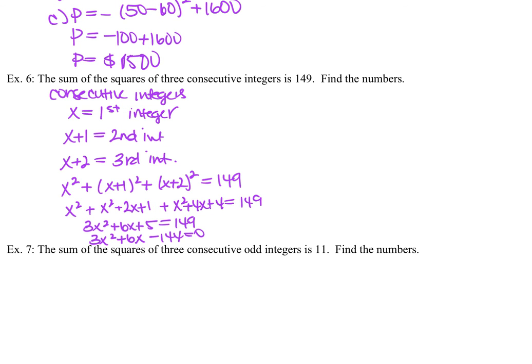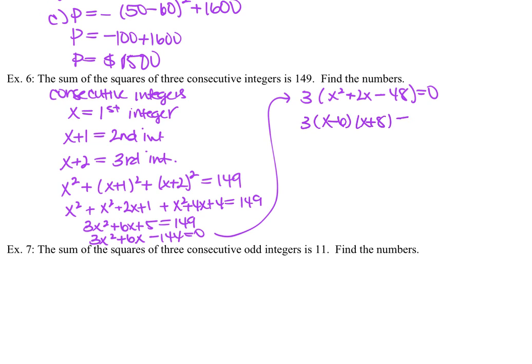Now these are all divisible by 3, so if I come up here, I can take out a 3. I get x squared plus 2x minus 48. And this is factorable. So that will factor into (x minus 6) and (x plus 8). So we get x equals 6 or negative 8.